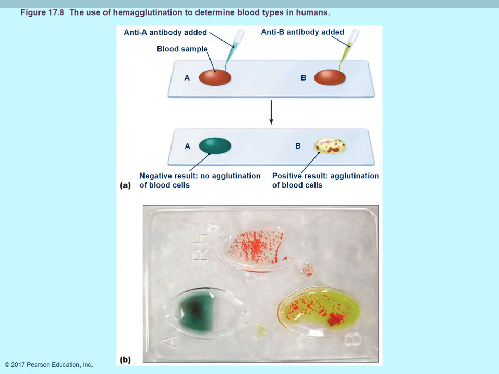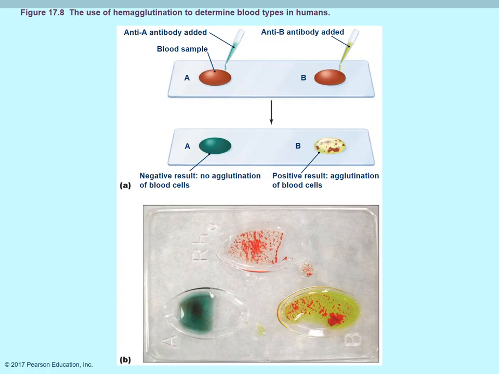This is something you guys saw when you have done blood typing tests, is that you add the blood sample to a slide, then you add what we call an anti-antibody mix. Essentially what you're seeing is agglutination. You see this clumping that will occur.